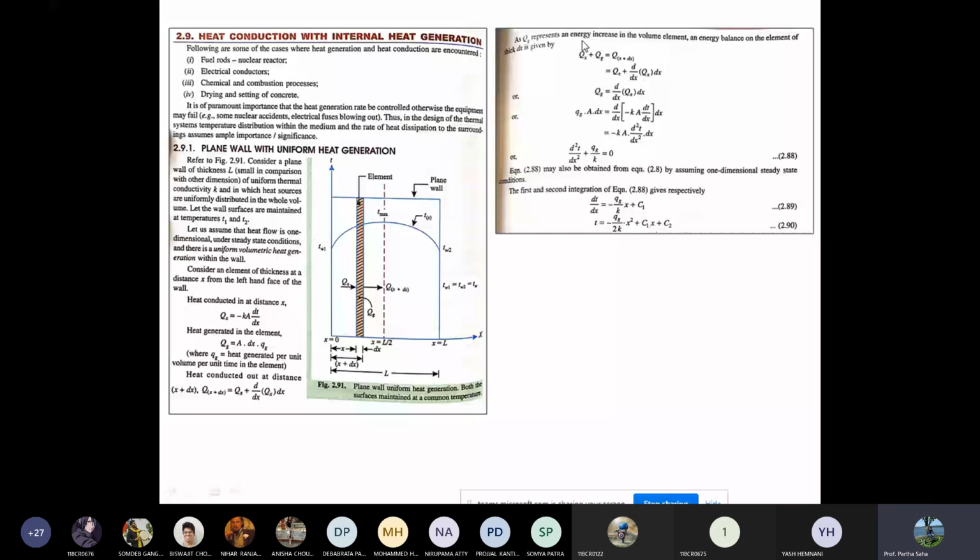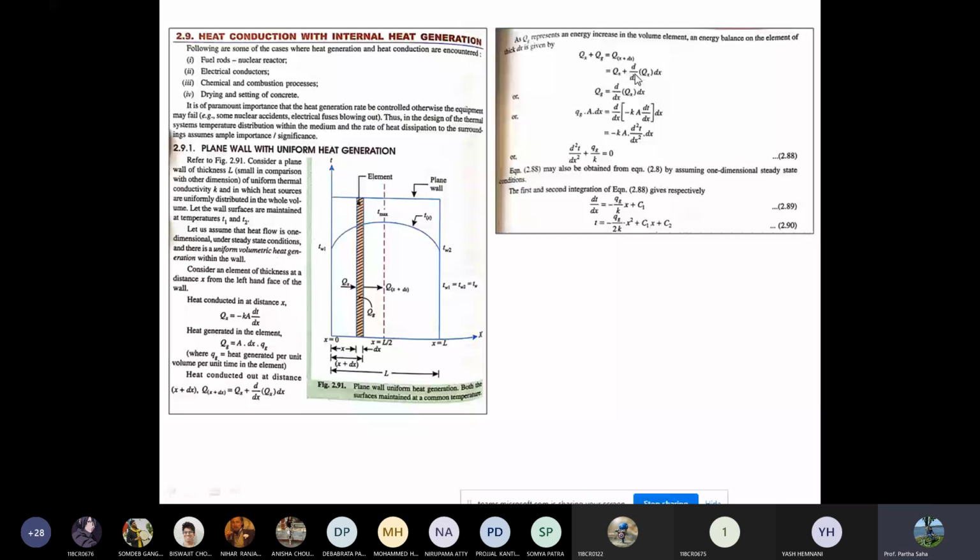If you do an energy balance, what will happen? Qx, the heat conduction at this wall, plus the amount of heat generated Qg, is equal to the total heat going out at the other side, Qx plus dx. Now Qx plus dx is also given by Qx plus d/dx of Qx times dx. Qx gets cancelled, and you get Qg equal to d/dx of Qx times dx.